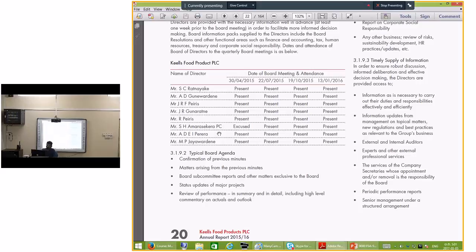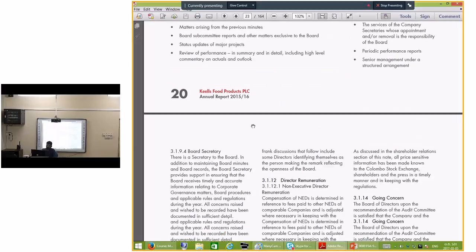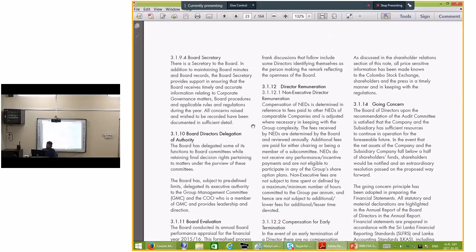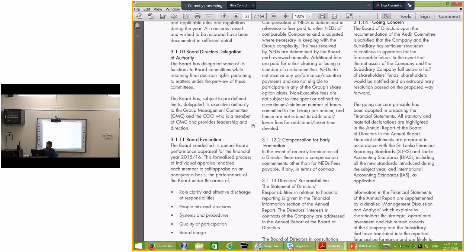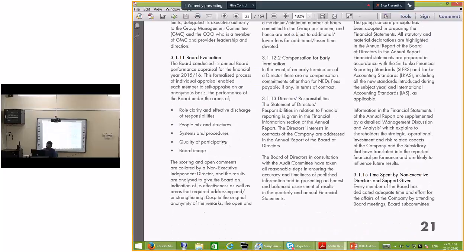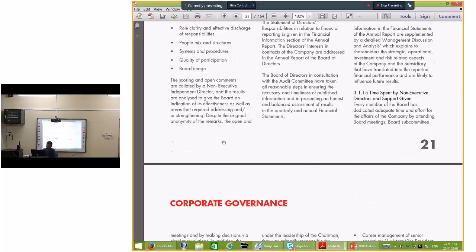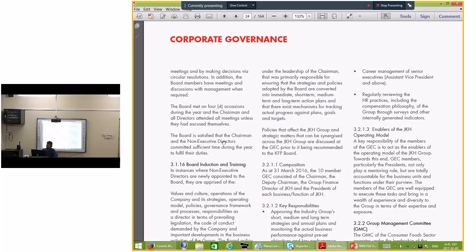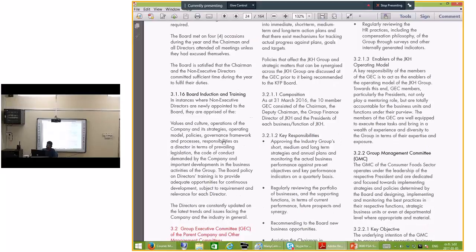Now you can see the details, their participation, whether they are present or absent, all details here. Director responsibilities, compensation for early board evaluations. Now you can see additional details, again corporate governance details, board inductions and training.